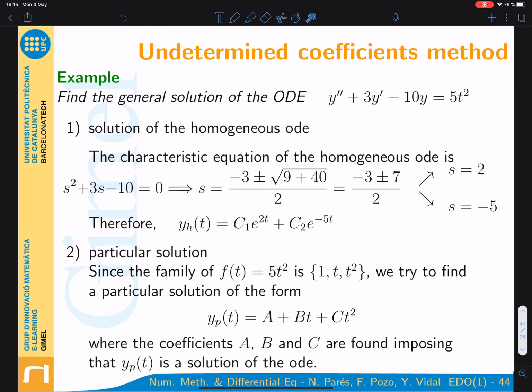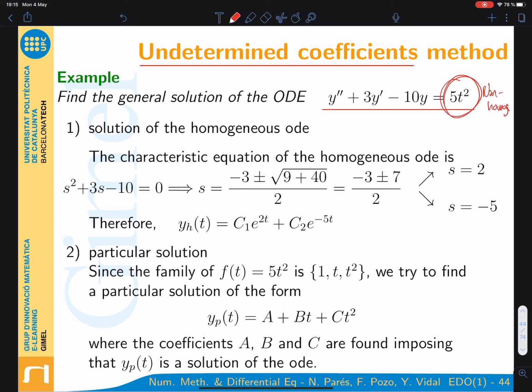Let me show you another example, which I think is easier, which is this one. Here, we want to use the method of undetermined coefficients in order to solve this ODE, which is second-order linear, constant coefficients, and non-homogeneous.